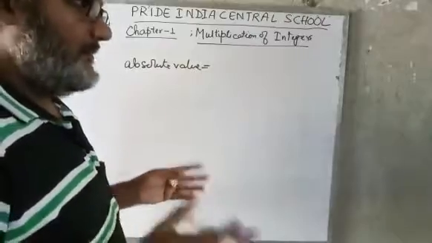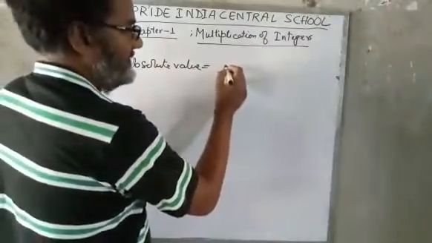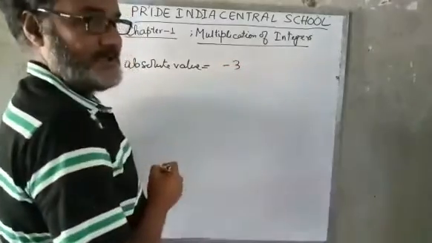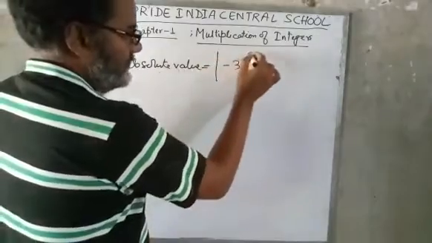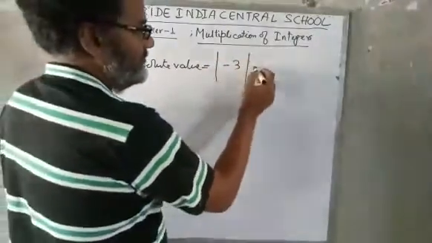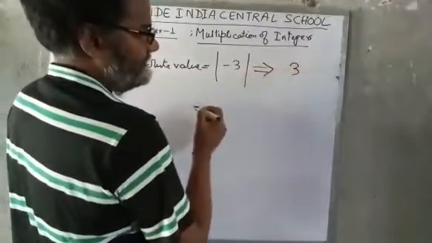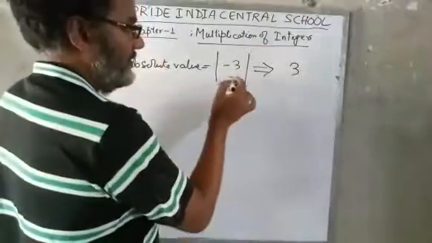It means, if the given integer is -3 and you have to find its absolute value, then the absolute value is represented by 2 bars and it comes out to 3.